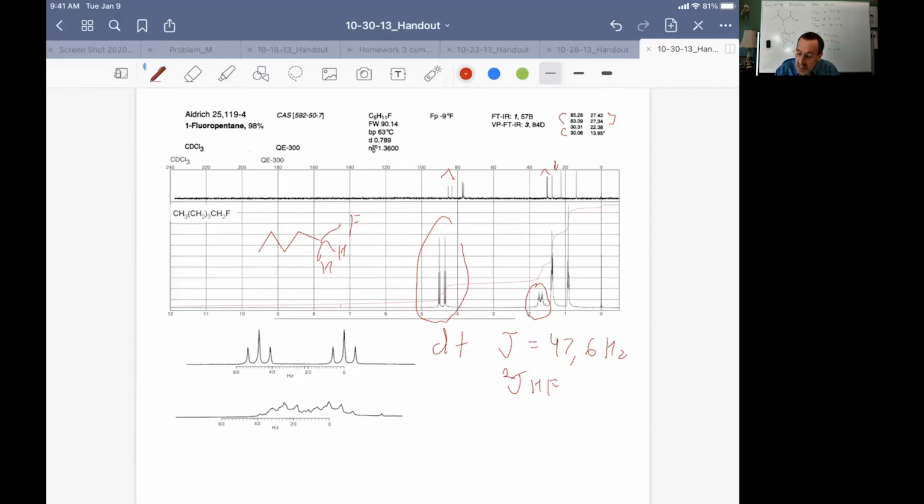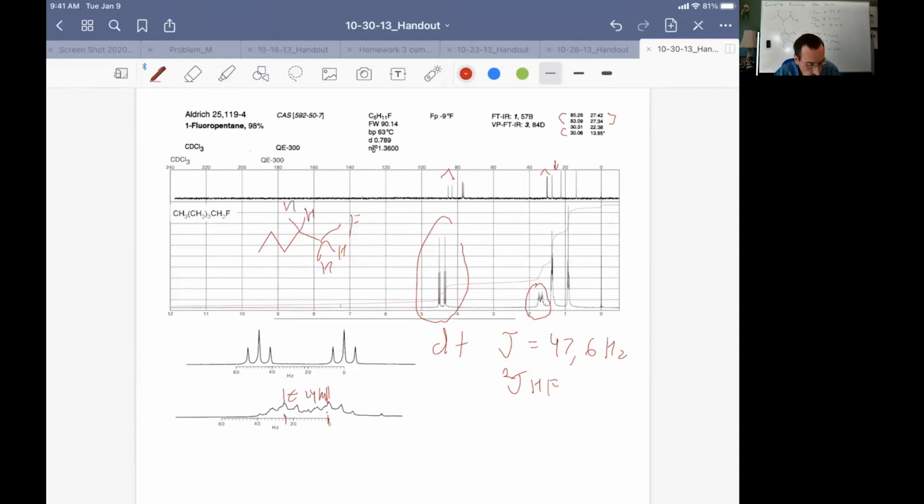And even if I couldn't quite characterize this doubled up pattern that we're seeing over here, you could say, well, it looks like it's doubled with a separation of about 24 hertz. You could see, drawing a line down to the scale here, those are your beta hydrogens, the hydrogens over here.